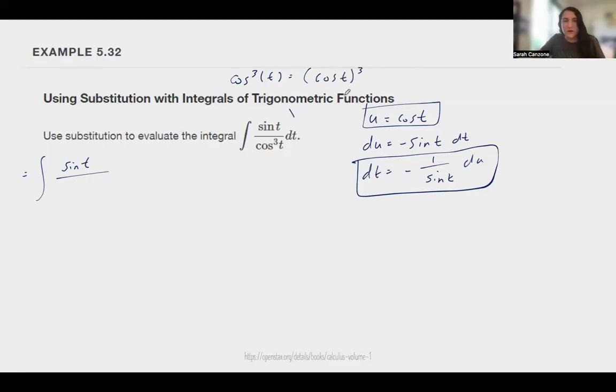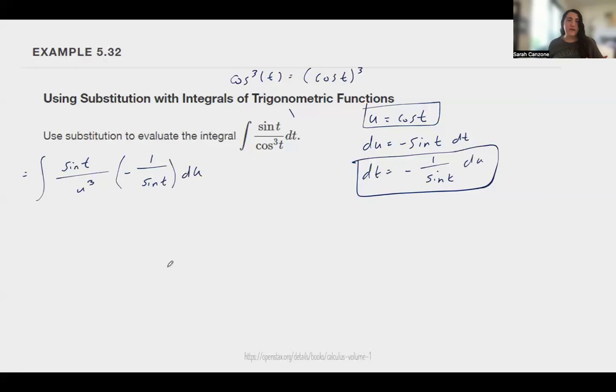So this is more of what we should think about when we're doing this. Now that we know cosine of t is u, this is just u cubed. But dt now is this right here. So minus, and I'm going to put parentheses to make sure that this is a negative and not trying to subtract the value. Negative 1 over sine t du.